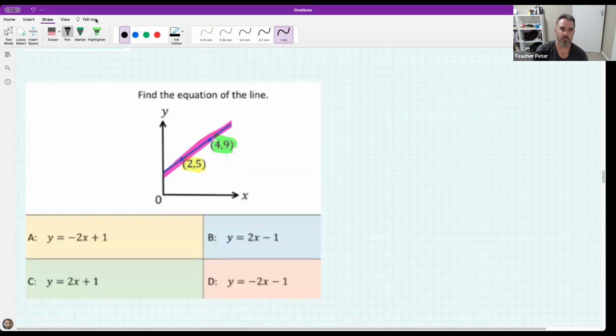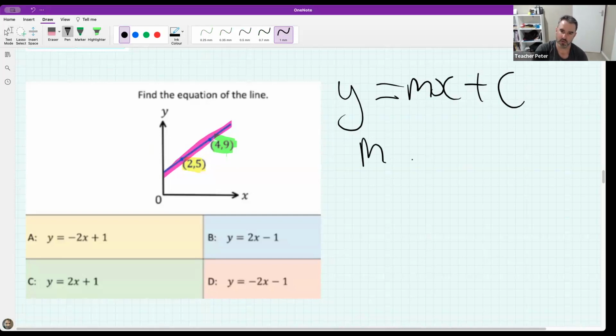So just to remind you some important basics, we know mx plus c, we know we need to find m, and then eventually we need to find c. And one of these four options is going to be for you. Which one is going to be for you?